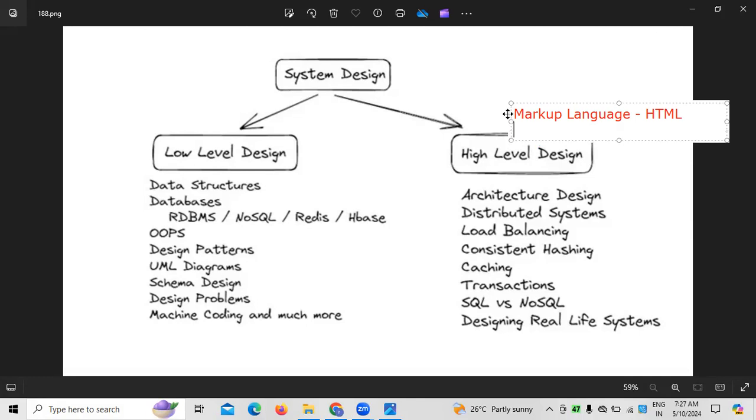The next one is modeling language. Modeling language means UML, whatever UML diagrams you can see over here. These all come under the modeling language part, meaning whatever models you want to create.